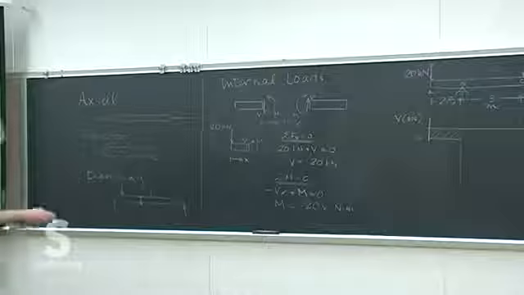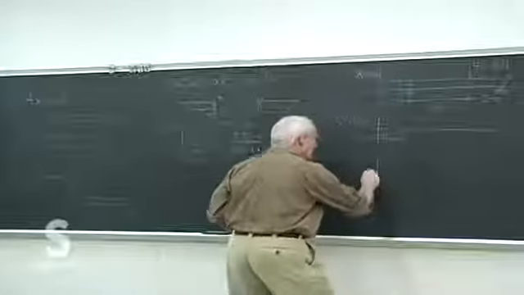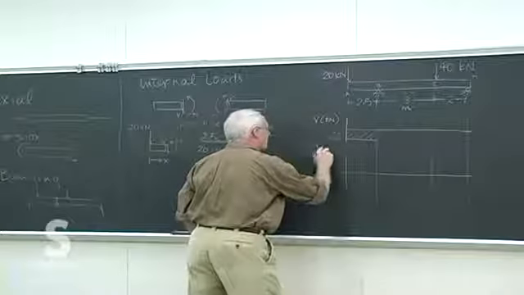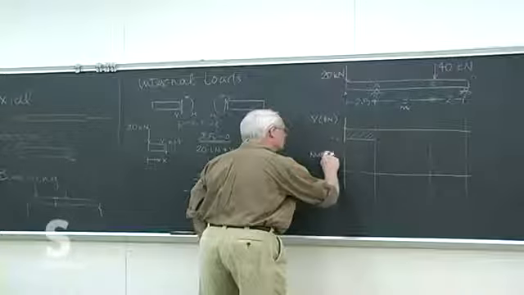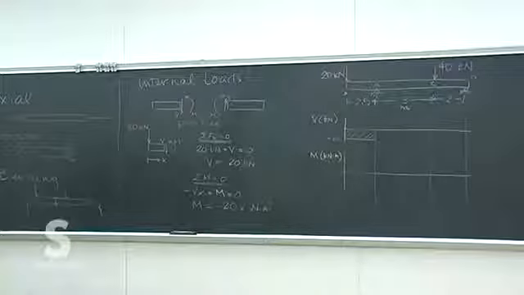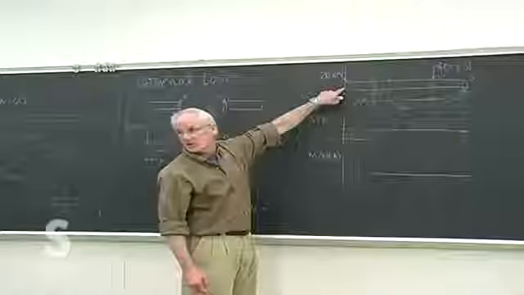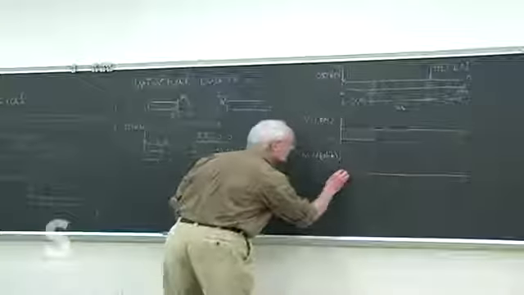And then that's, if you remember, what we graph on the moment diagram. Sorry, kilonewtons, kilonewton meters. It starts at 0 because this is just a free end. A free end never has any moment in it internally.